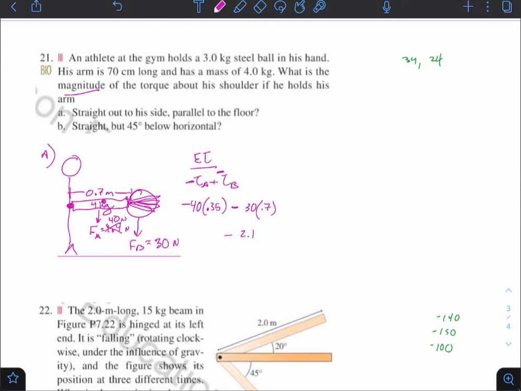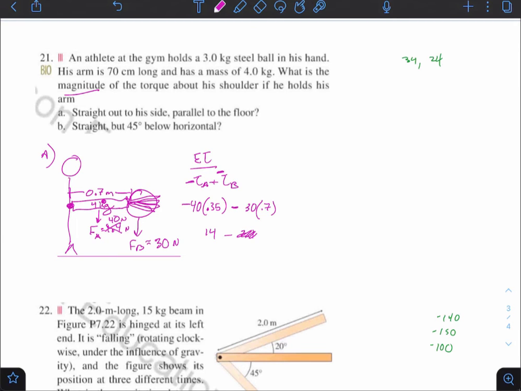So this is going to be 14. Let me make sure I did that right. 40 times 0.35 plus 30 times 0.7, which is 21.